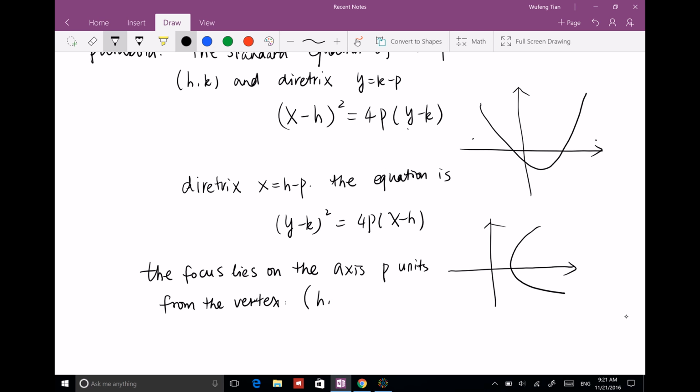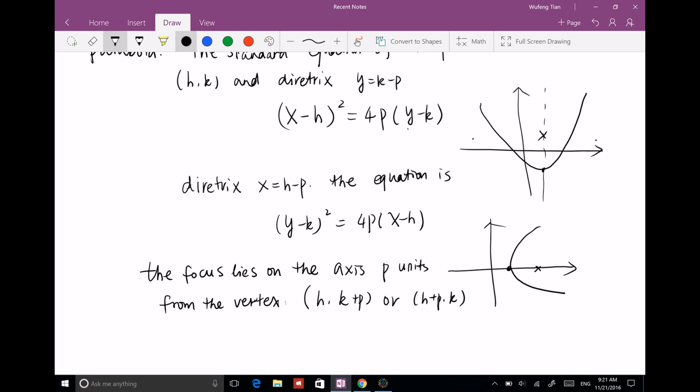It is going to be (h, k plus p) or (h plus p, k). So basically it's either here, if this is the vertex, go up here, or from the vertex go to here.